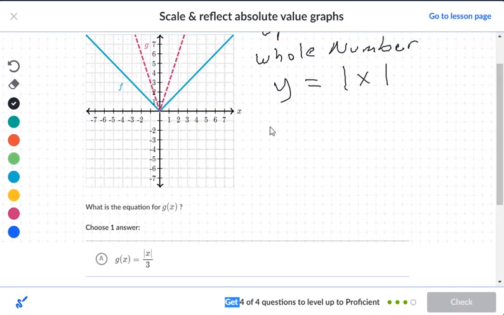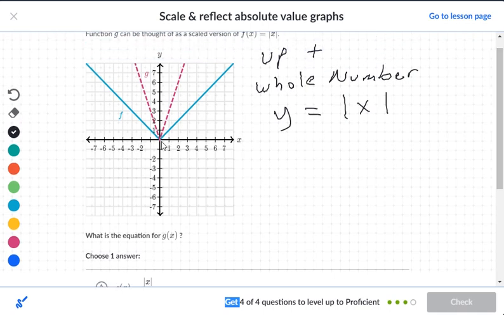Now another thing is, if we look at our graph itself, the vertex doesn't shift. It appears that our starting point, our vertex, would all begin from 0, 0. So there's no change here.